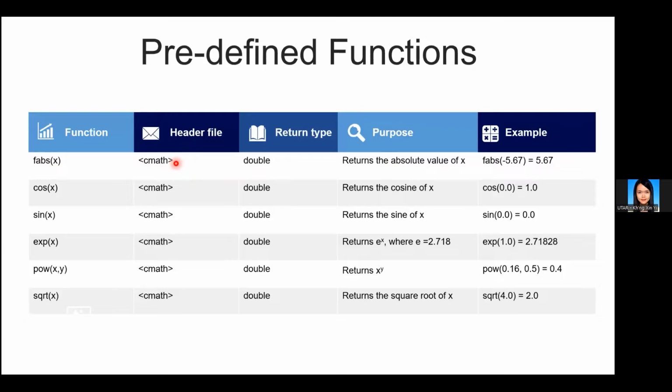Then there is the argument, the x here. When I talk about arguments or parameters, this is what is inside the brackets. To use this function, you put the function name, and then inside the brackets, you put the argument that you want to use with the function. If I want to find the absolute value of negative 5.67, it results in 5.67, because it converts the negative value to a positive value.